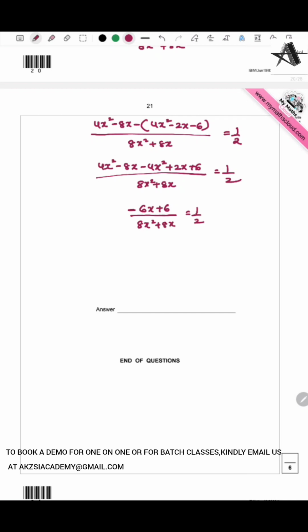Bringing 2 out as common, this will be 2 times (minus 3x plus 3) over 2 times (4x squared plus 4x). Now I can cancel the 2 and 2. So this will be (minus 3x plus 3) over (4x squared plus 4x), equal to half.